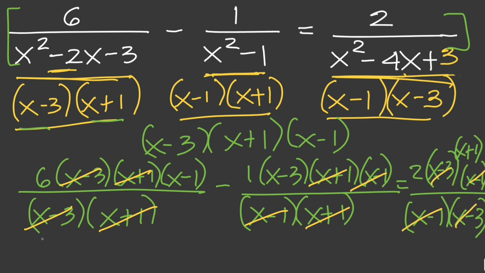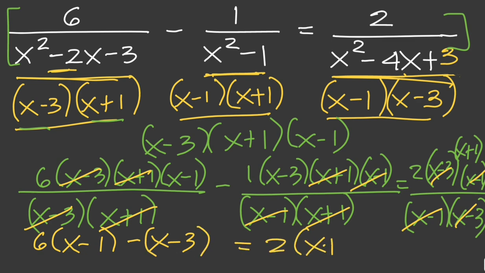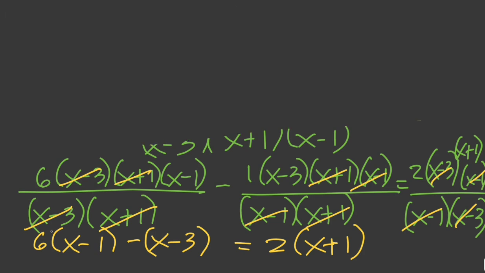Now we're left with 6 times x minus 1 minus 1 times x minus 3 equals 2 times x plus 1. And now we can simplify this. We distribute 6 here, so this would become 6x minus 6 minus x plus 3 equals 2x plus 2.